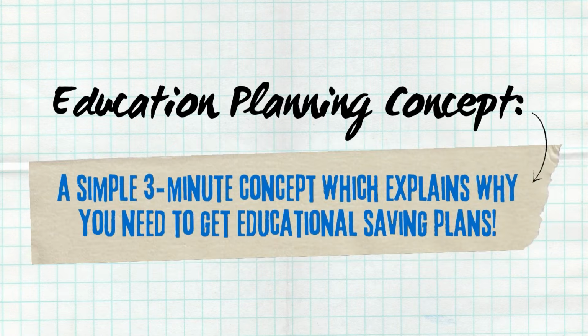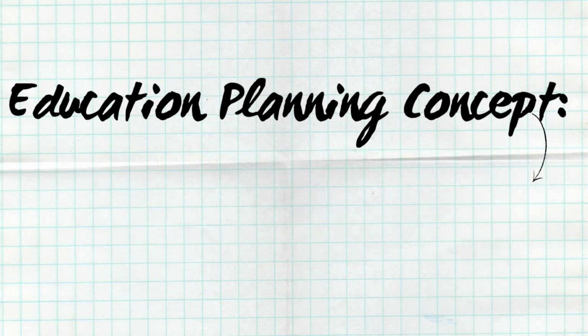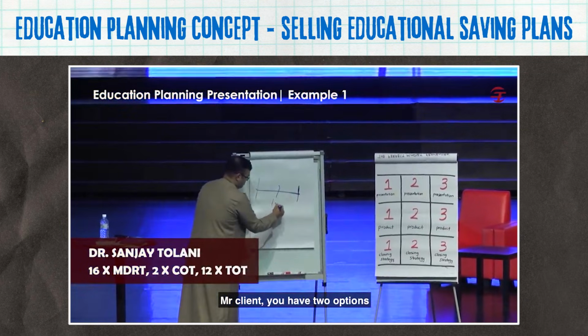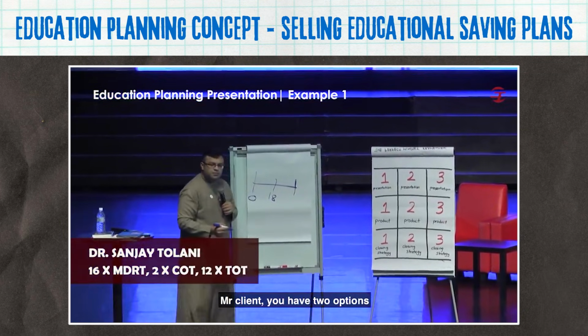Education planning concept. This is a simple 3-minute concept which explains why you need to get educational saving plans. I know it sounds too simple to be true, but it is what it is. So let's get started. Mr. Client, you have 2 options.